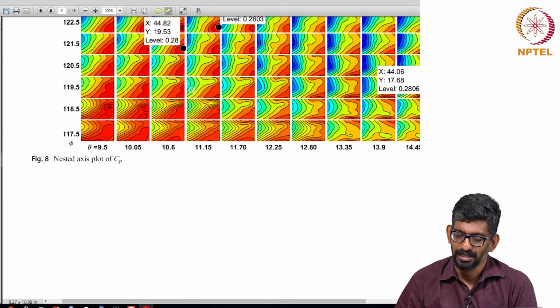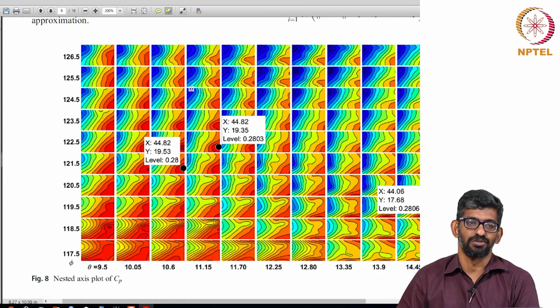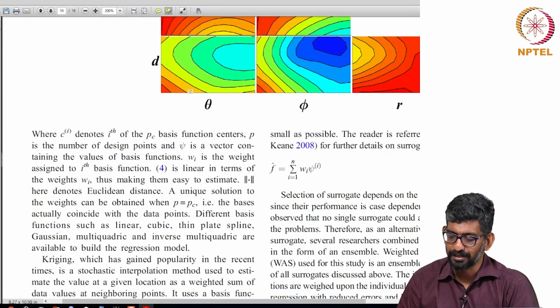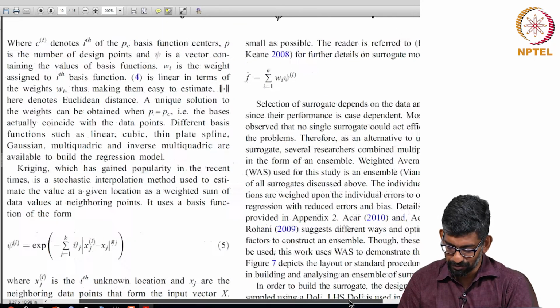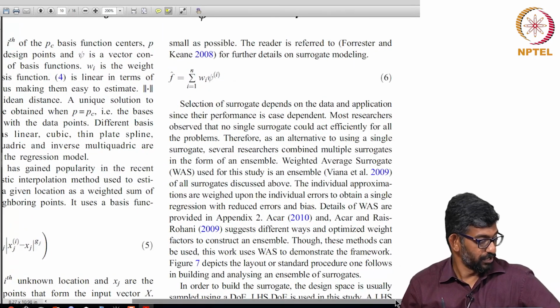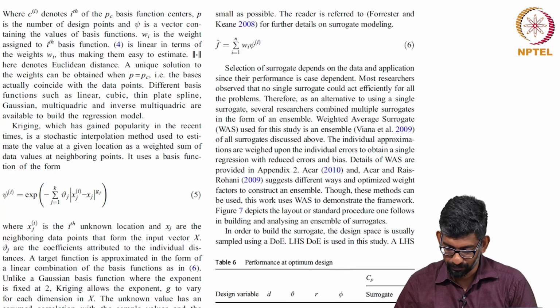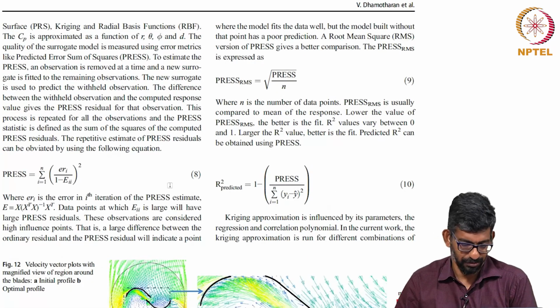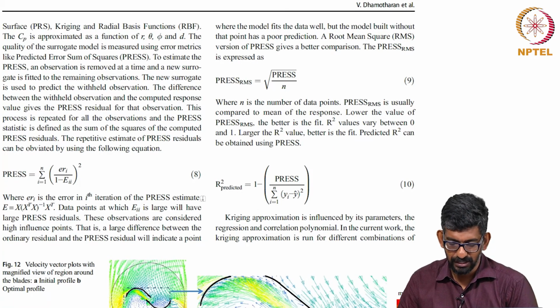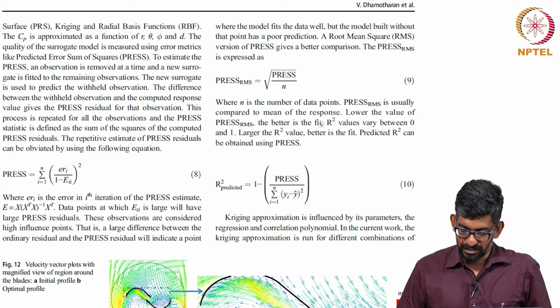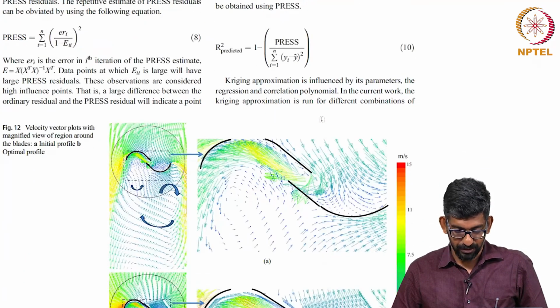So, that gives you enough information to start your exploration, which direction, where you want to go, and then if you do an optimization, it kind of allows you to zero in or focus. So, if you look at it, we have just pretty much used the same stuff that we talked about, your PRESS, RMS, the PRESS errors and the R squared predicted and all that.